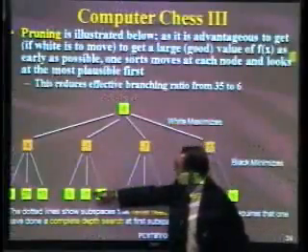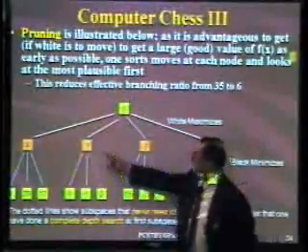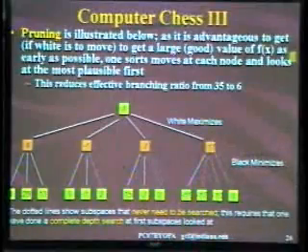Then we would assume black would choose the best move, which would be -1. But once we got to -1 here, we do not need to look here because -1 is less than 4. We know white would never choose that subspace.